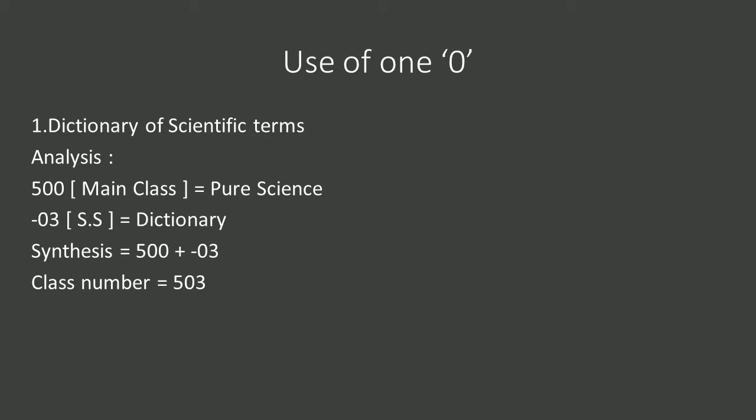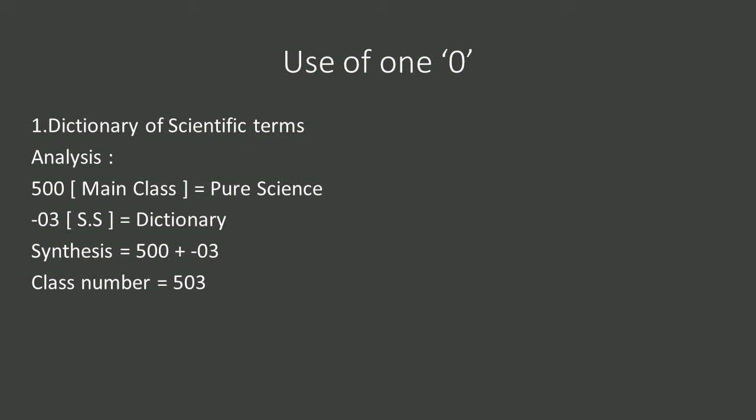Okay. The class number will be, I have written the analysis. Science is a main class and the notation of science is 500. I have written 500 and in square brackets I have written main class. After the equal sign I have written pure science or science.